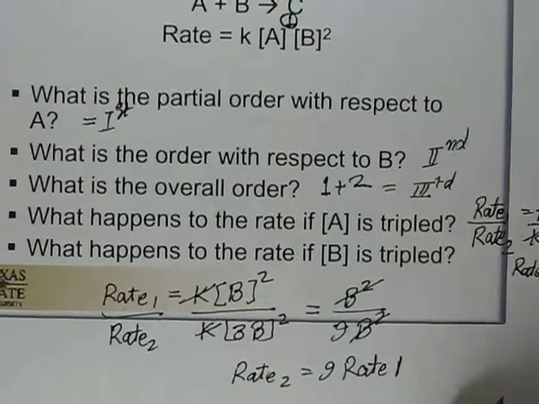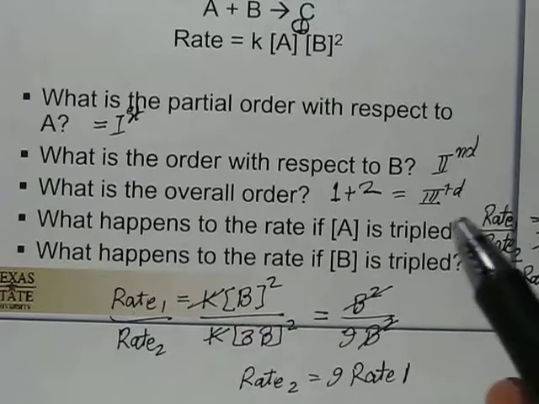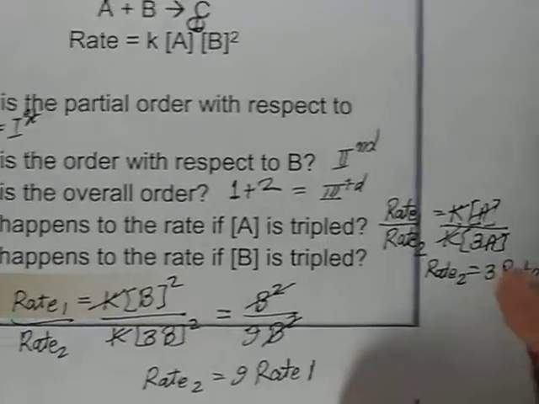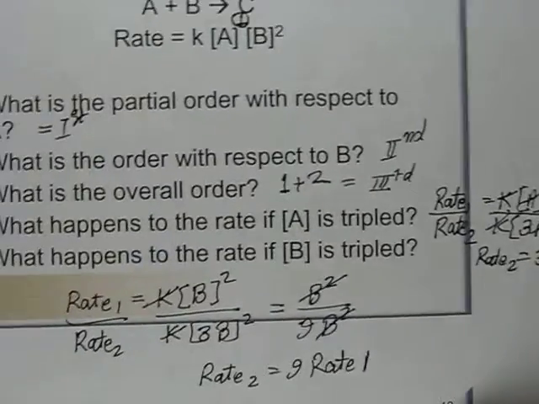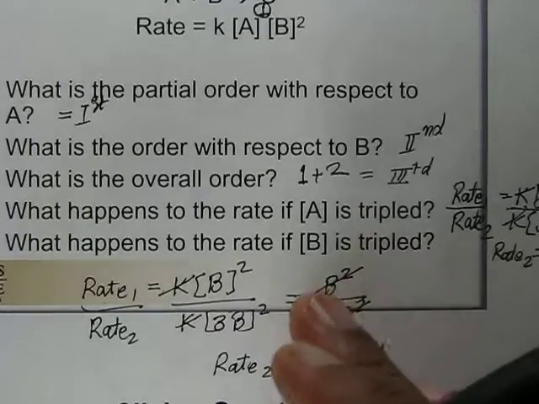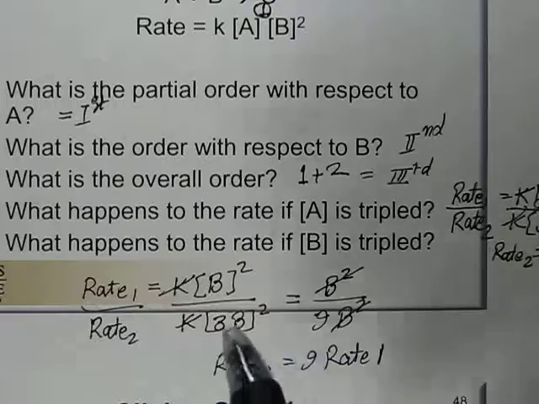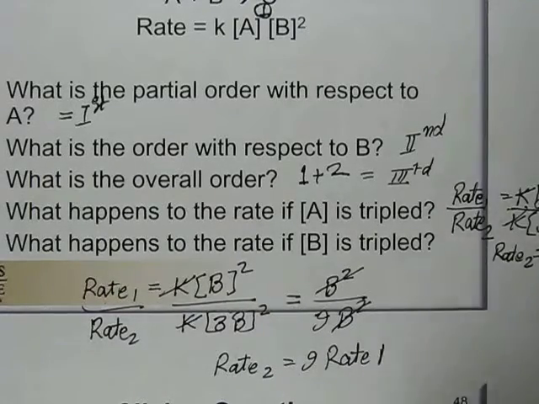So what will happen to the rate if the concentration of A is increased? Because A is first order, the rate will increase in the same proportion. And if B is second order, then the rate will increase as a power of the number of times you increase the concentration.